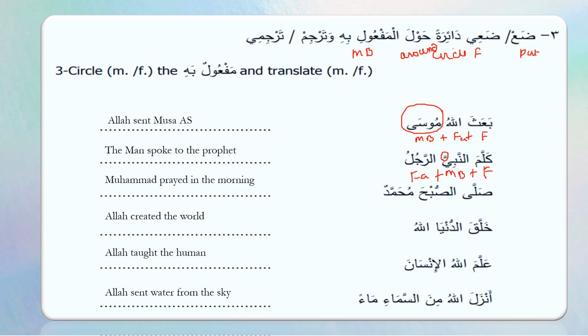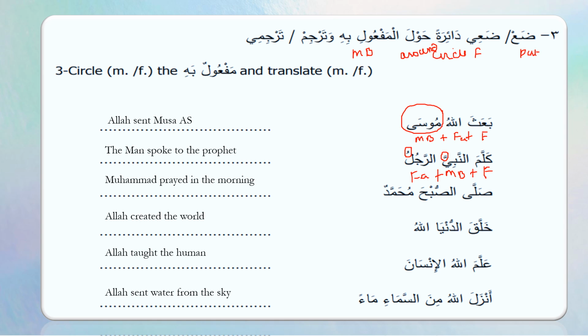Kallama means to talk. Kallama Nabiyya, is the prophet talking? Who is talking? Ar-Rajul, because the dhamma tells you the Rajul is in the place of fa'il. The action of talking is being done by the Rajul. So how will you translate? The man spoke to the prophet. Okay.